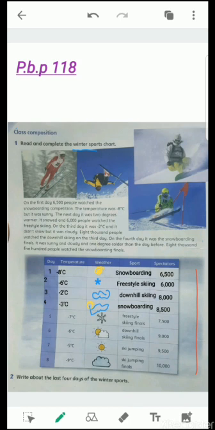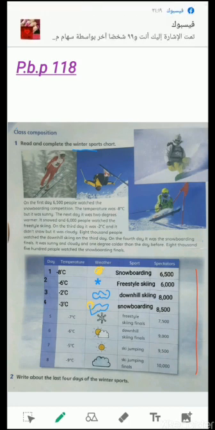On the first day, 6,500 people watched the snowboarding competition. The temperature was -8 degrees Celsius, but it was sunny. These sentences give me the information about the first day.